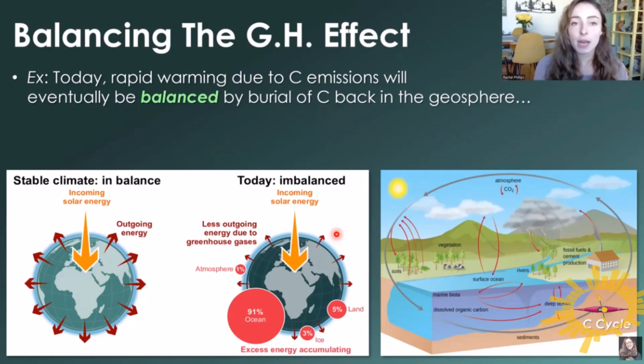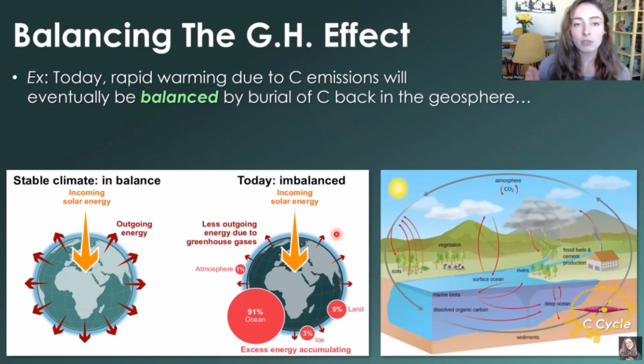And other negative feedbacks occur, like weathering. Intensified weathering occurs when increases in atmospheric CO2 occur, because there's more acid rain, more chemical dissolution and weathering of rocks, which transports ions to the ocean that lead to the burial and preservation of inorganic carbon, like calcium carbonate minerals as well.